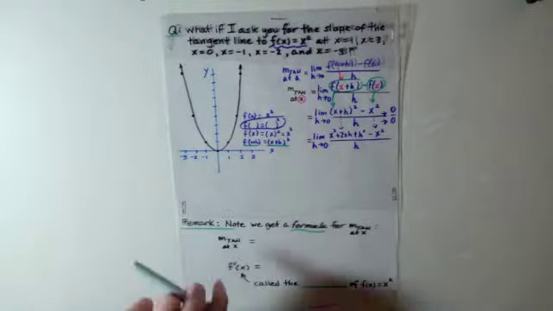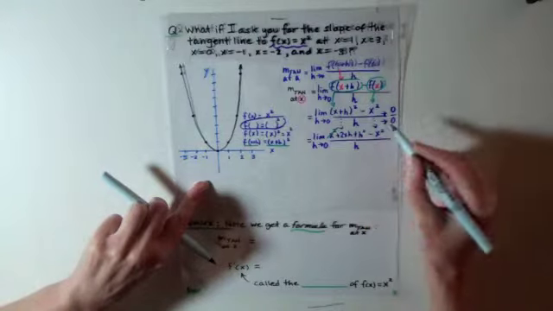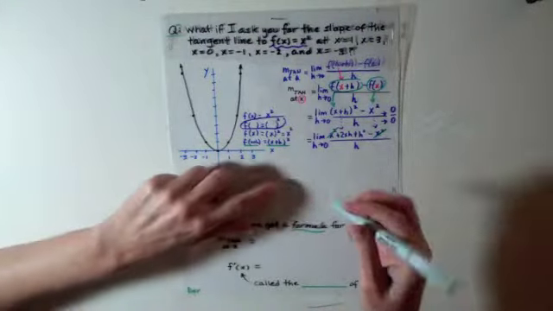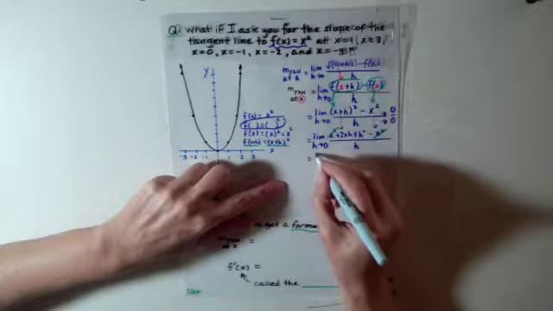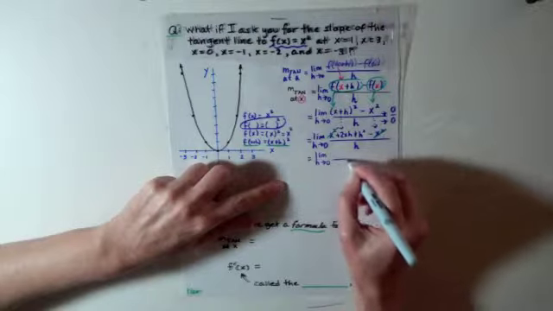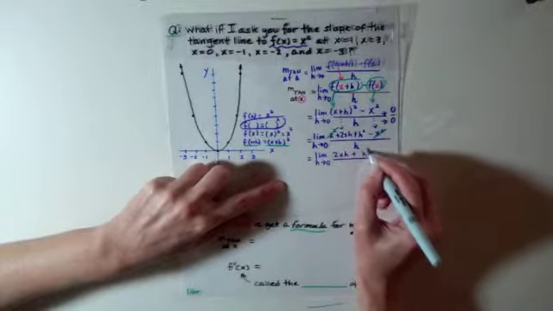Notice that some things simplify, just like they did in our calculations on the last page. I have a positive x squared and I have a negative x squared. Those drop out and add up to 0. So I end up with the limit as h goes to 0 of 2xh plus h squared, all divided by h.